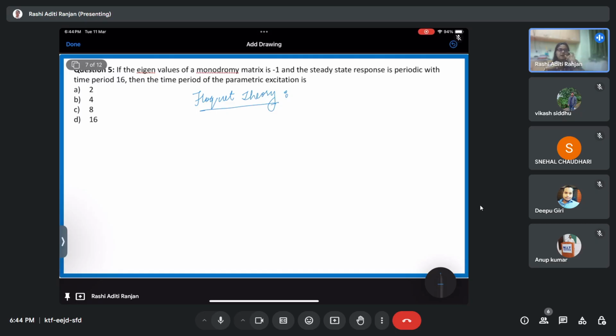For example, if I have p(t) times x, I differentiate it with respect to x, I get p(t). So if I have a term p(t), which is p as a function of time, the Jacobian matrix is going to change with respect to time, which was not the case earlier. My Jacobian matrix was independent of time. It was just having constant values. The moment I used to differentiate and put in the fixed values of the equilibrium points, I used to get a Jacobian matrix which is just made up of constant values. Here, that is not the case.